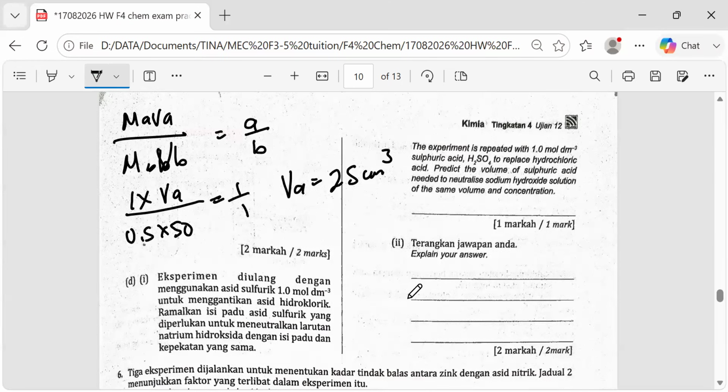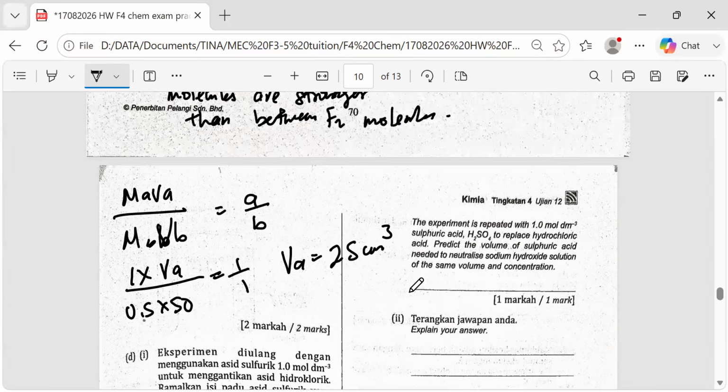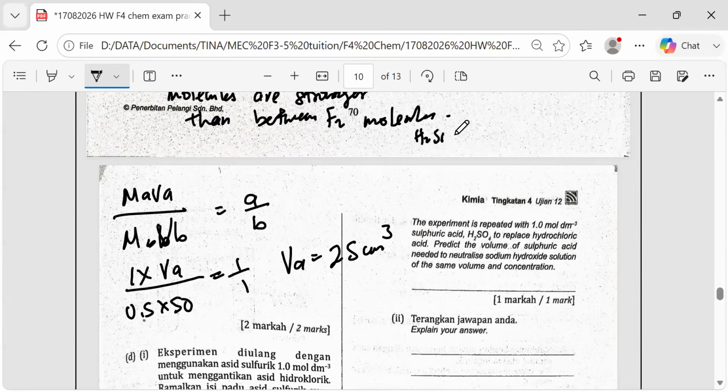Experiment is repeated using sulfuric acid. Predict the volume of sulfuric acid. So you must understand this part. Sulfuric acid is diprotic. So when sulfuric acid and sodium hydroxide react, the ratio will be 1 to 2. So will I need more sulfuric acid or less sulfuric acid? Less sulfuric acid.